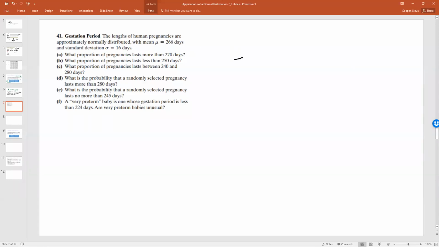Okay, so we got an entirely different underlying random variable x. This is 266, 1 standard deviation on either side, so this would be 250, and then 266 plus 16 would be 282.